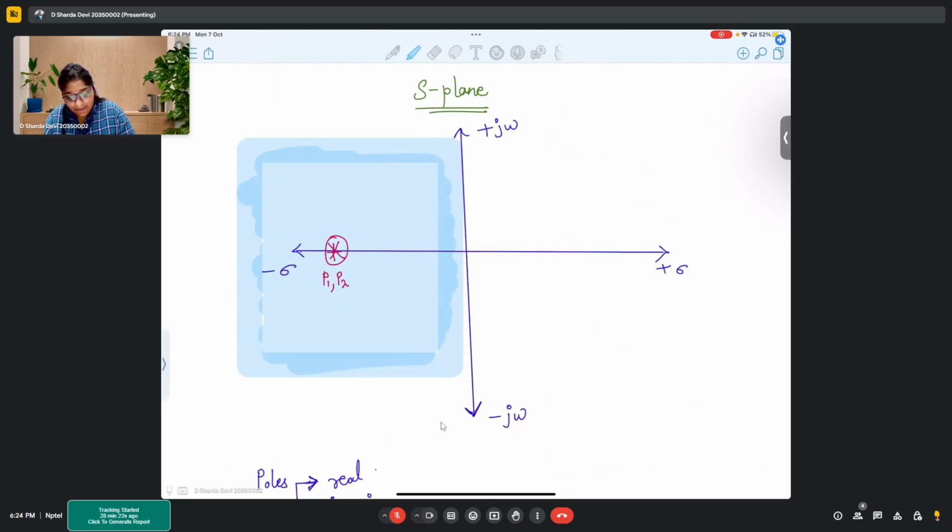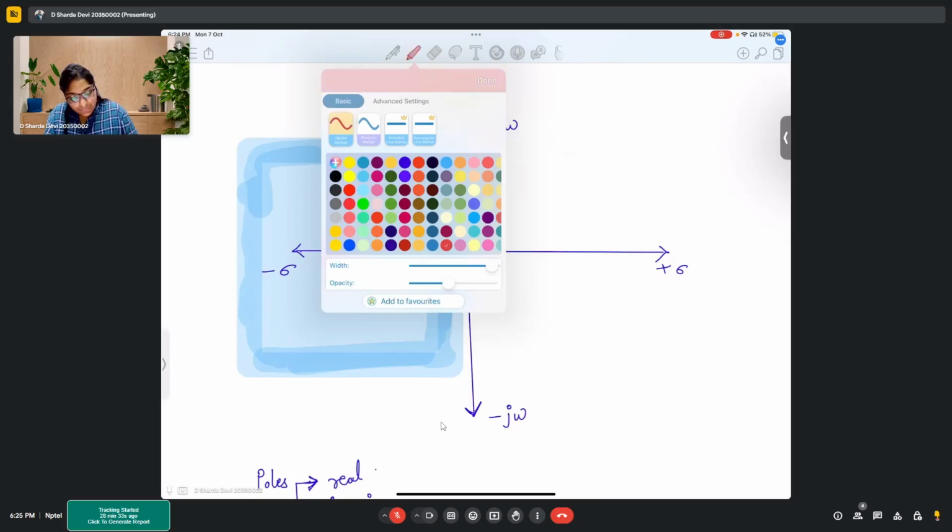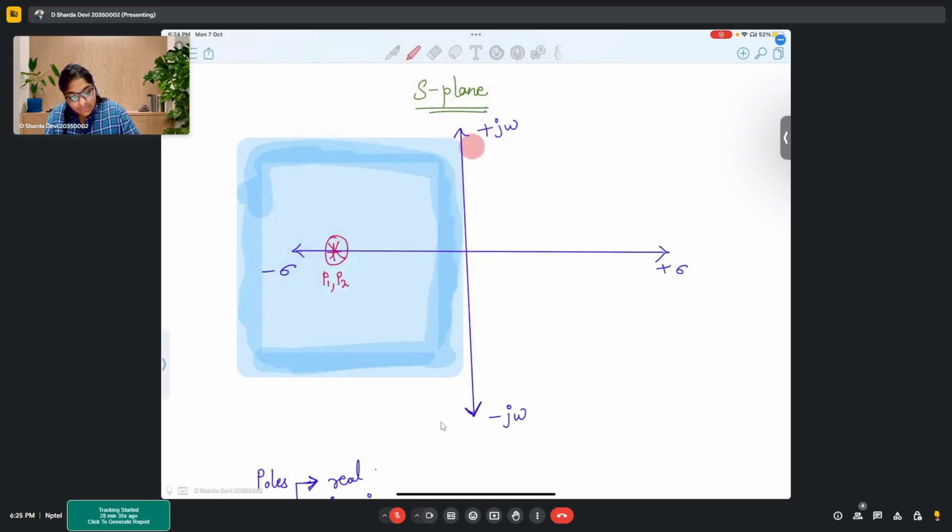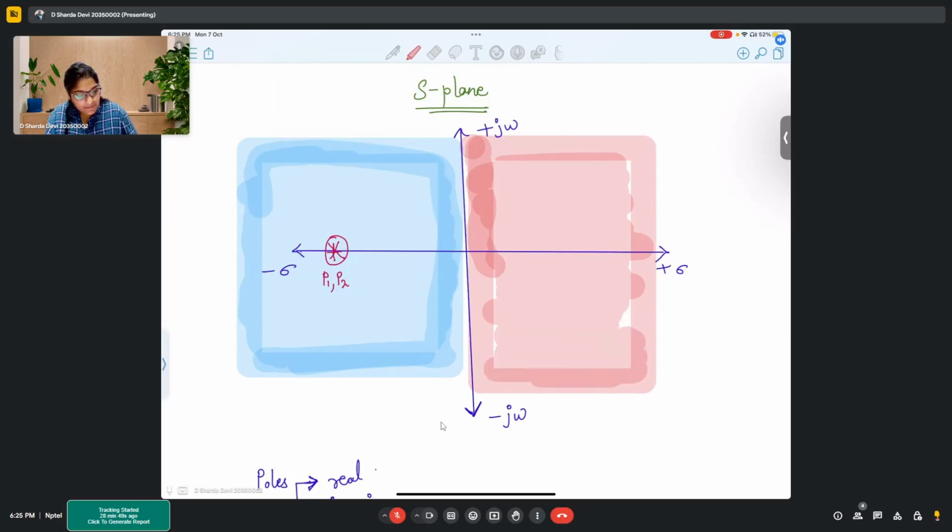Still, it is stable, okay? Somewhere or the other, this is stable side. Whereas when you have poles on this side of the plane, they are unstable.